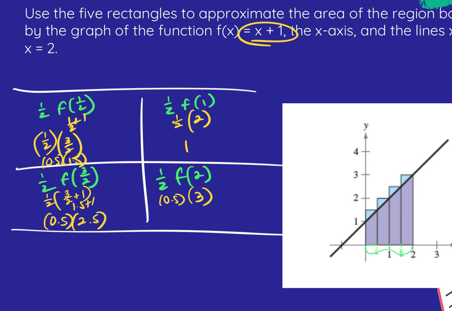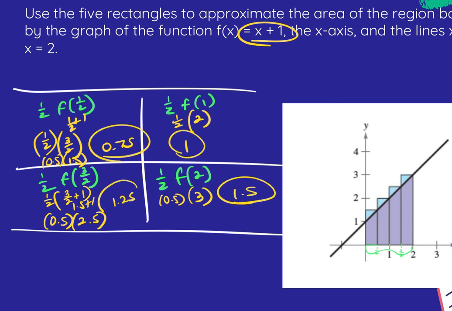First we'll multiply it all out. This is 0.75, 1, 1.25, and 1.5. And then add all 4 of those together. We get 4.5.